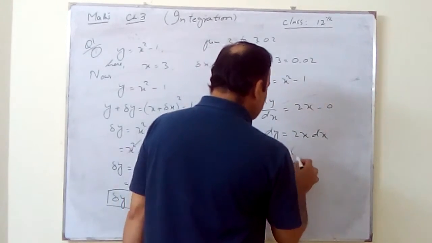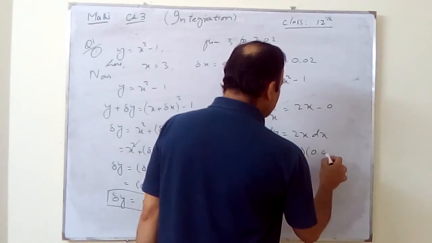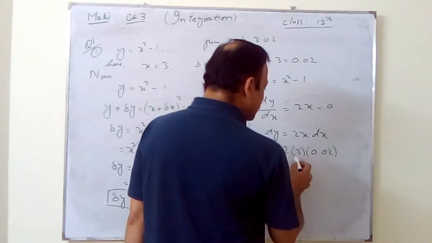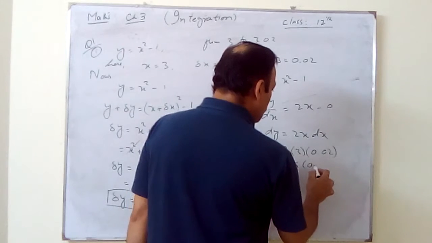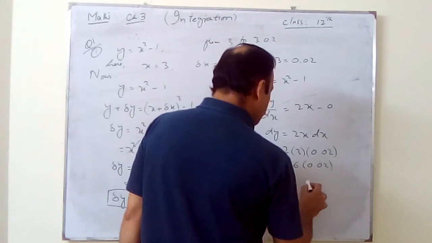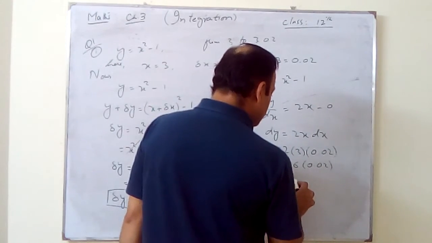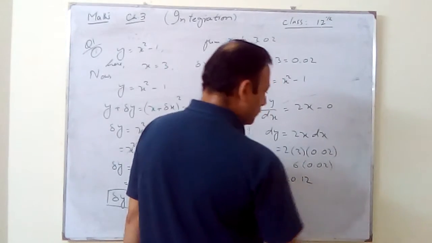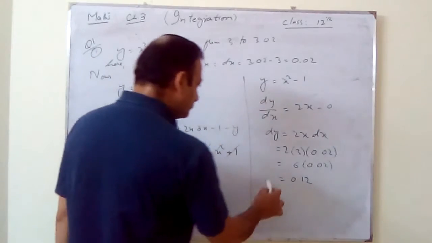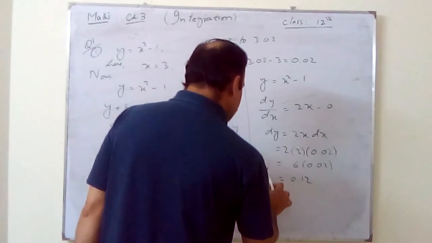Putting the values, 2 into 3 into 0.02, that is 6 into 0.02. So what is the answer here? 0.12. This is dy.